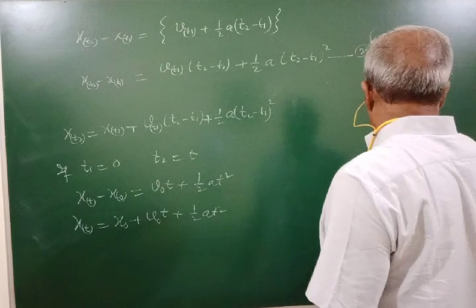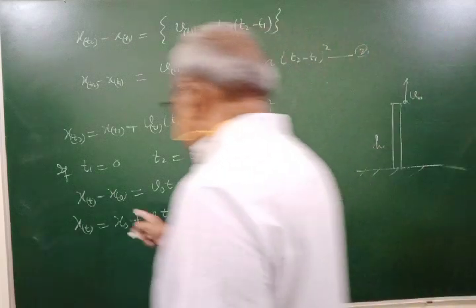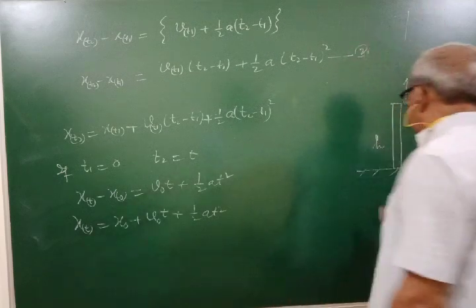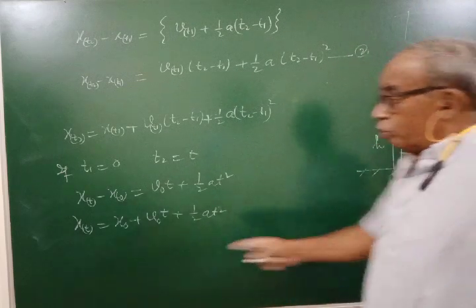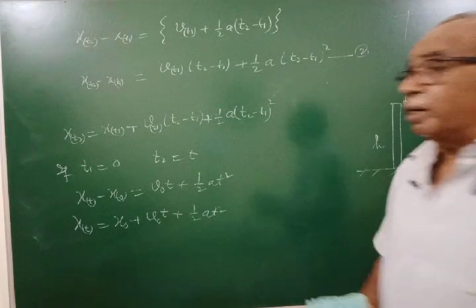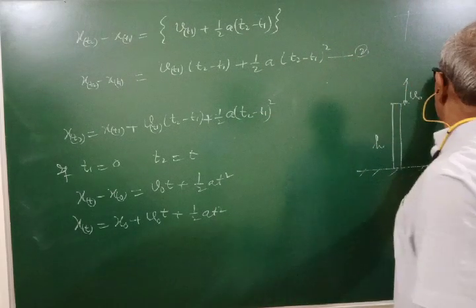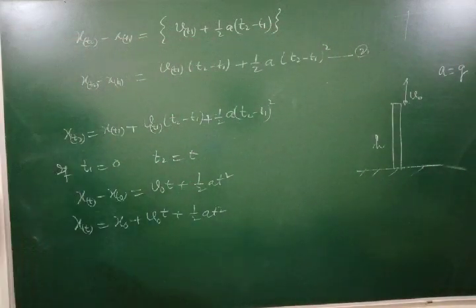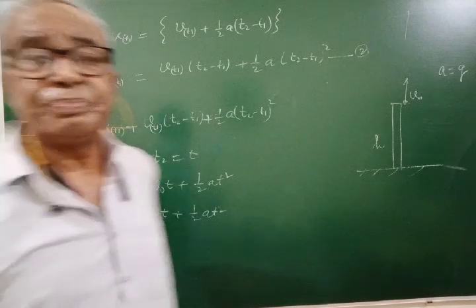So already this height is x0. If you are asked where it will go, how much height will it have in time t from the ground, you can directly use xt equal to x0 plus v0 t plus half a t square. In place of a, for axial motion, we use a equal to g. You know it is 9.8, or somewhere it may be given as 10.